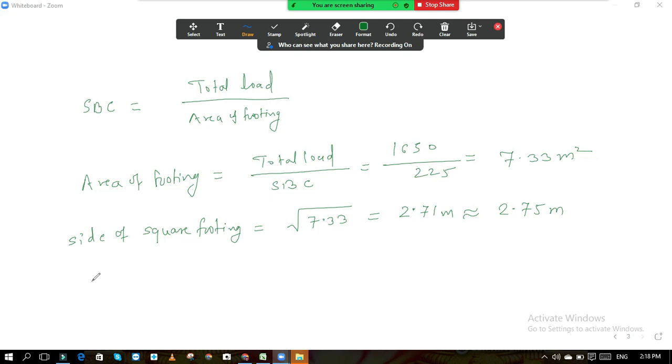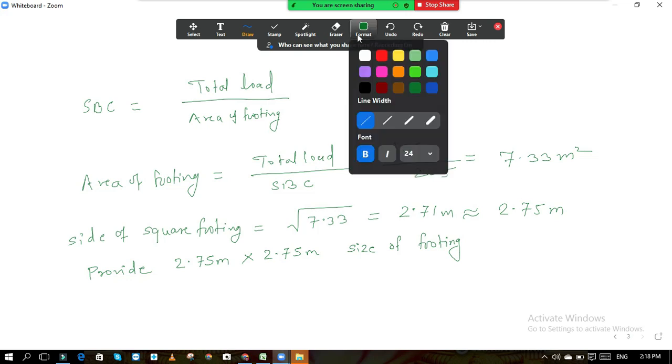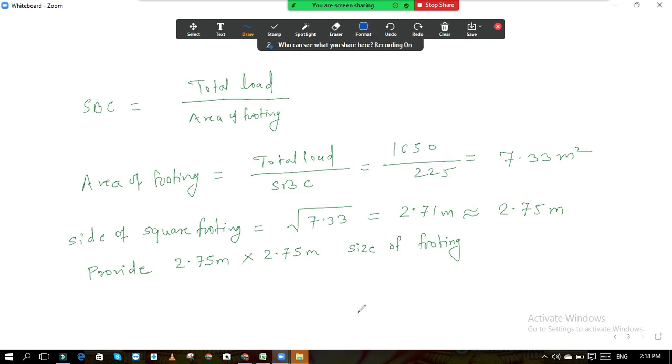So here we can write: provide 2.75 meter by 2.75 meter size of footing. This is the size of footing which we are now providing.